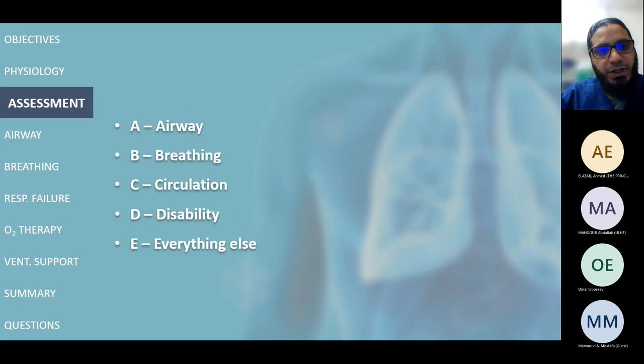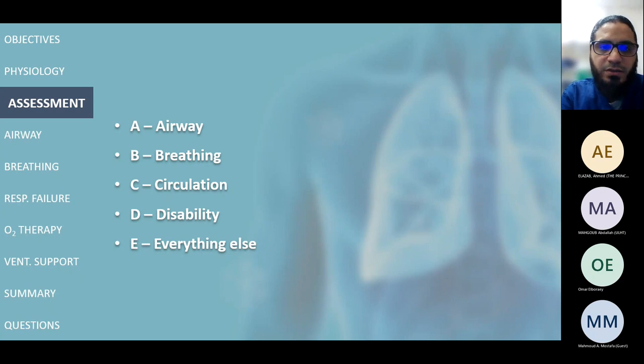So now we need to talk about assessing an acutely ill patient in brief. It's a really important stepwise approach for everybody who is dealing with patients in ED or inpatients in general. When you have this in mind, you will have a systematic approach to any acutely ill patient. It's very unlikely that you will miss any important information if you follow these steps, and it's also ordered by priority.